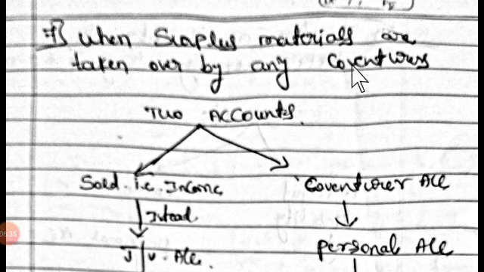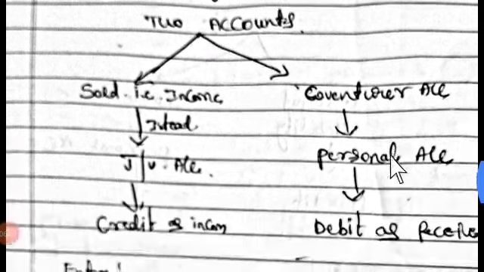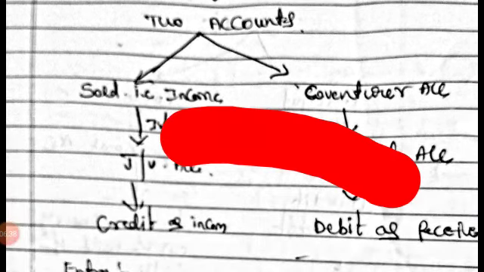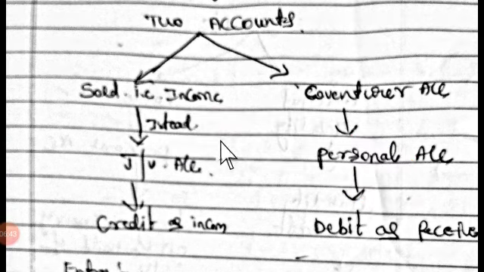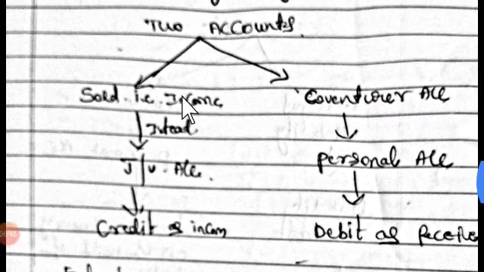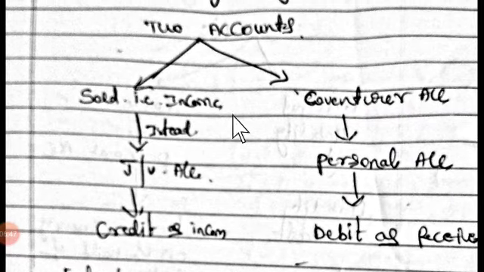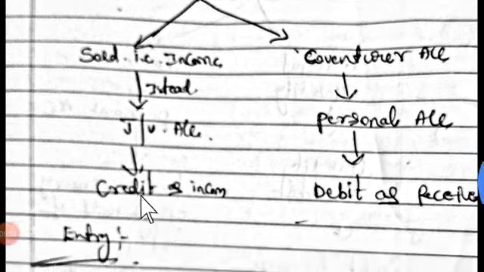Next, instead of selling that surplus material to somebody else, if a co-venturer takes over that material, it is still income. As there are surplus materials, there is income to the joint venture, so the joint venture account should be credited.